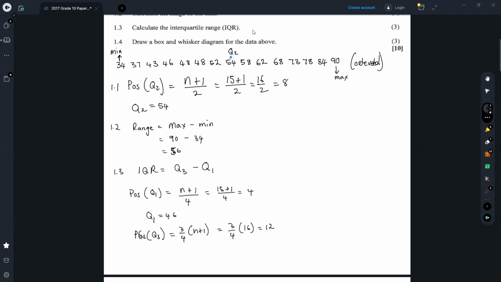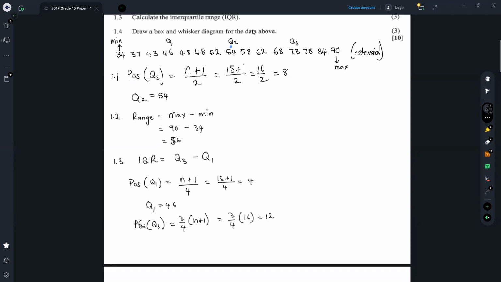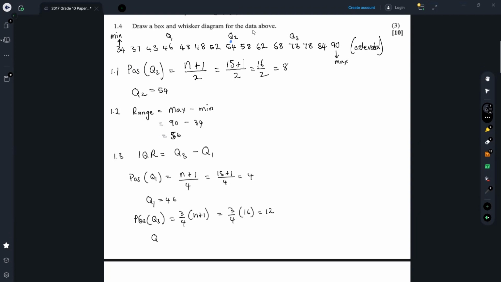So let me just highlight here first. So we are going to have Q1 there. And so this is the middle, which is position 8. So it's 9, 10, 11, 12. So it means that Q3 in this case is going to be 73, like that.